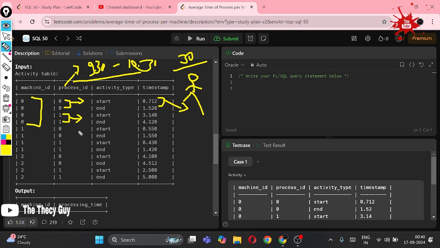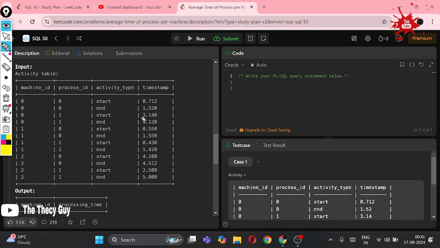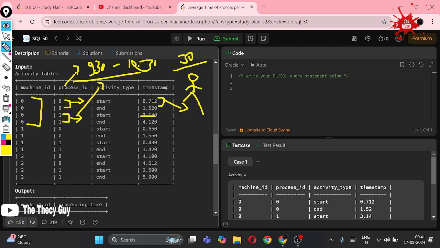Now the same mom calls process 1, the second child of the family, and tells him to go to the market, and he goes at this time and comes back at this time, so we subtract. So this difference and this difference get added, and how many kids does she have?